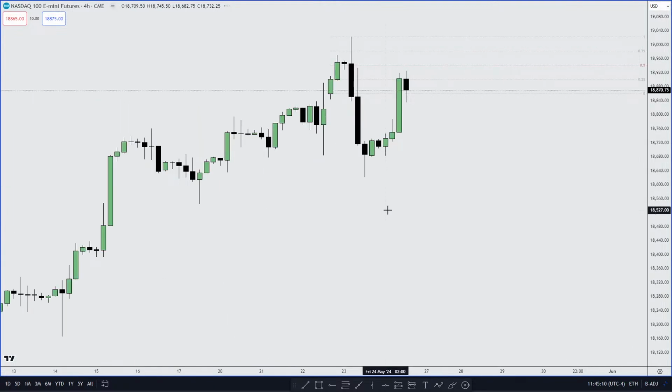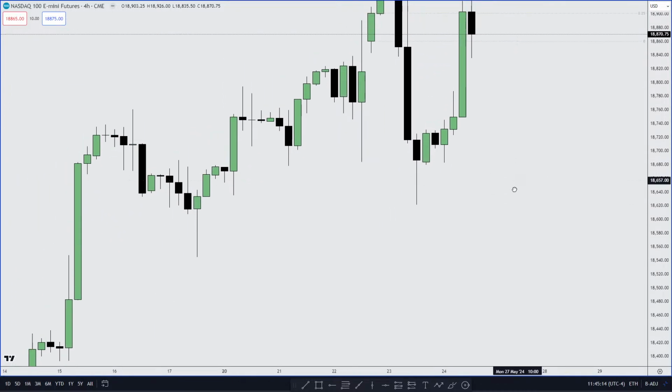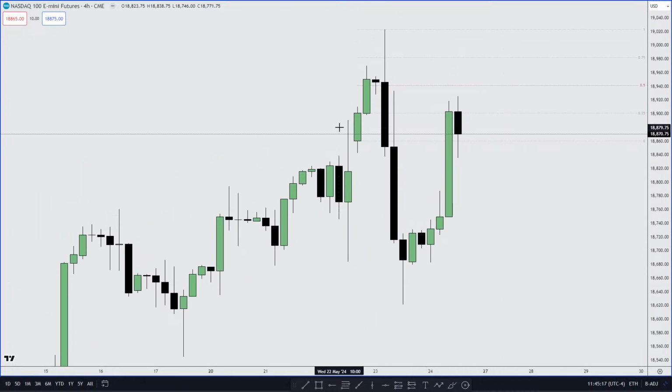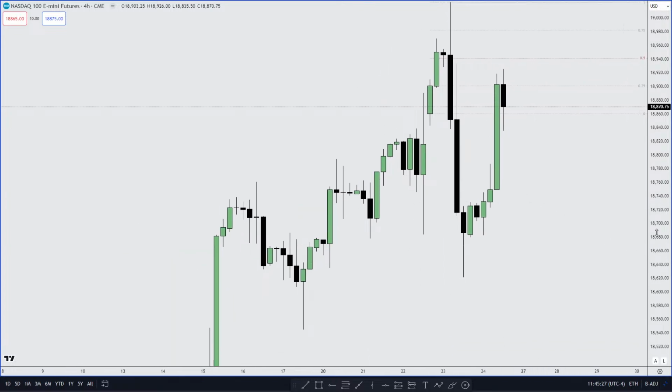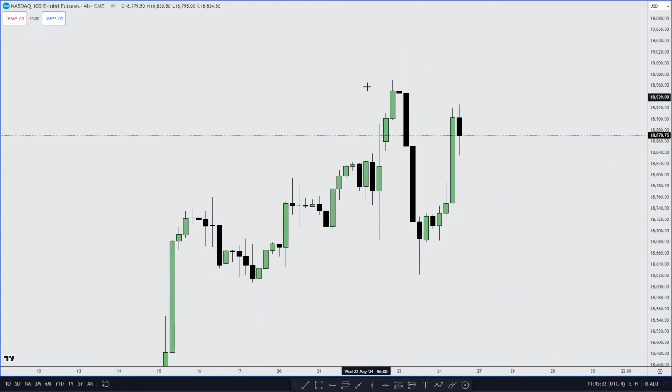Heading back to NQ, you can clearly see that this price action here on Friday was not the best. As an ICT trader myself, I was anticipating lower prices because we took out the highs and we took out this short-term low.